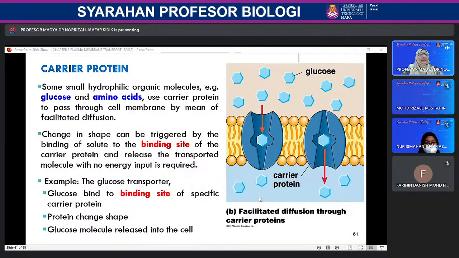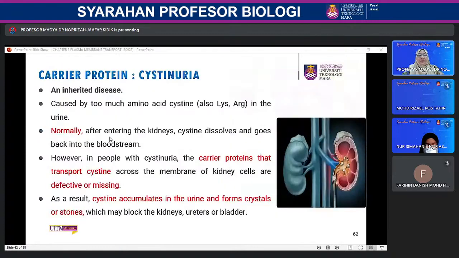Then we look at the carrier proteins, and a disease caused by these carrier proteins. It is an inherited disease, cystinuria.